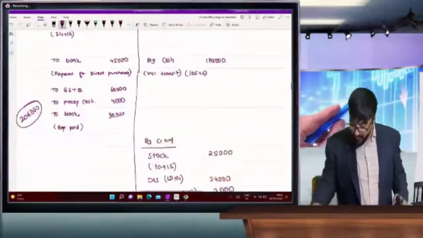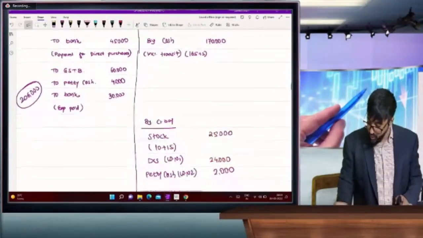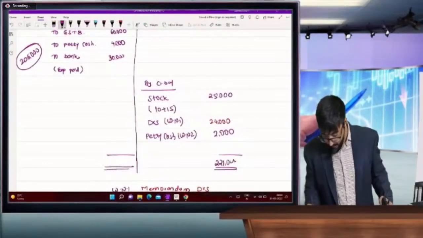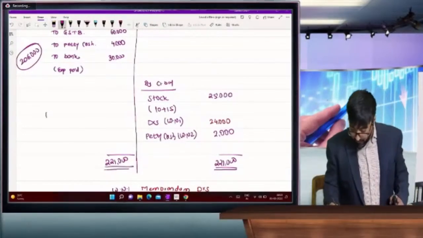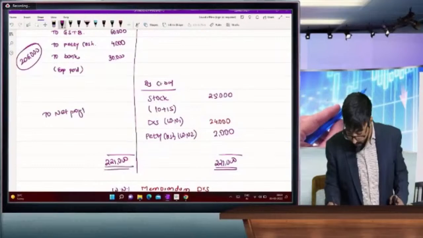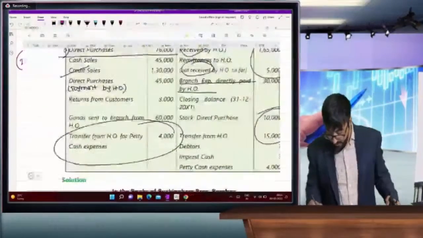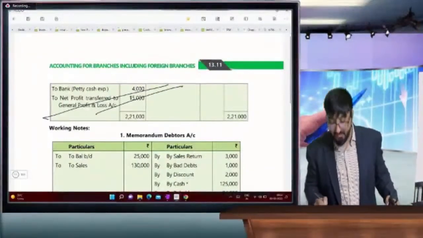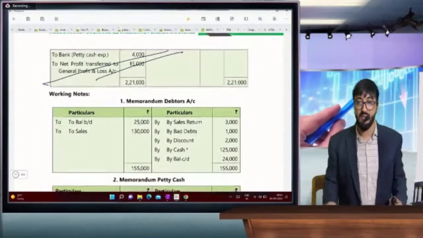Credit side total: 170 plus 25 plus 24 plus 2, 2,21,000, minus 206, to net profit transferred to general P&L. The balancing figure is 15,000. Let's check the answer with the ICAI study material. Yes! 15,000. And we are done with the question.